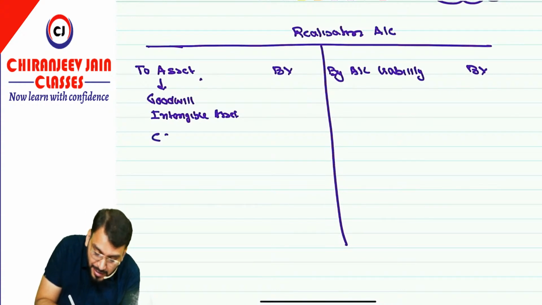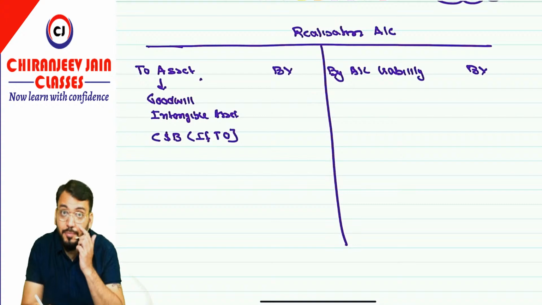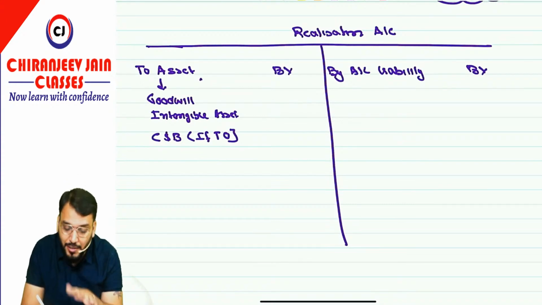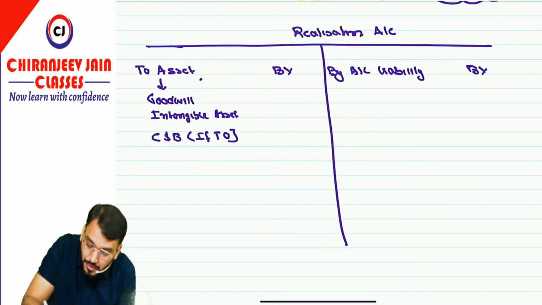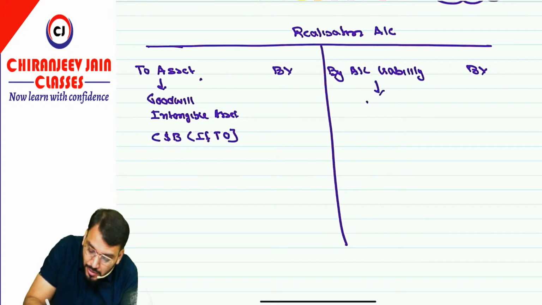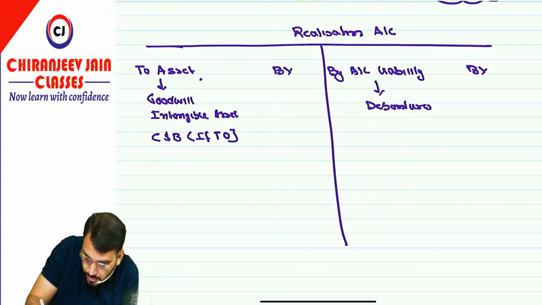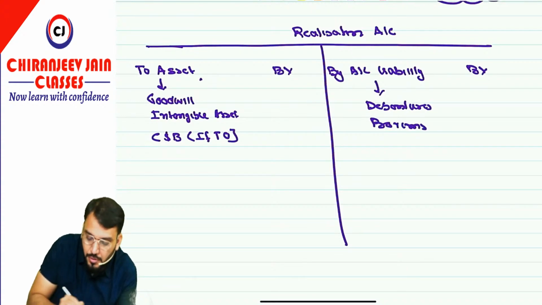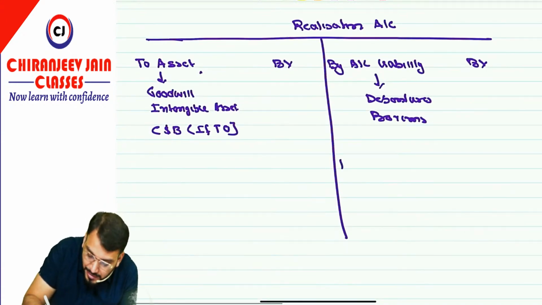And cash and bank will also come if taken over by the transferee company. If not taken over, it will not come. This liability will include debentures and provisions. Understood? Correct?